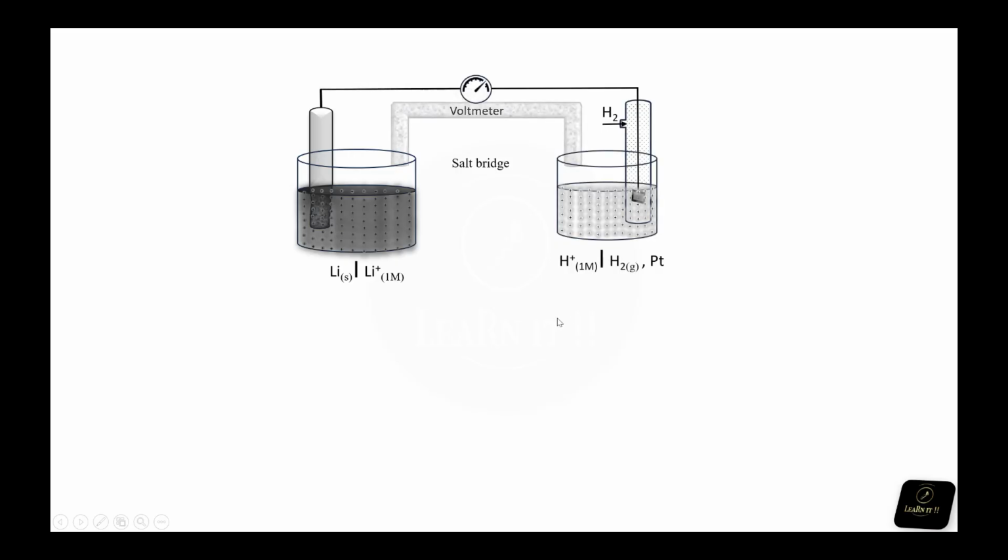In the same way, if we connect lithium electrode with hydrogen electrode, here the voltmeter shows the reading of 3.05, which is higher than the zinc, because we already know that lithium is the most electropositive element. So lithium wants to undergo oxidation.